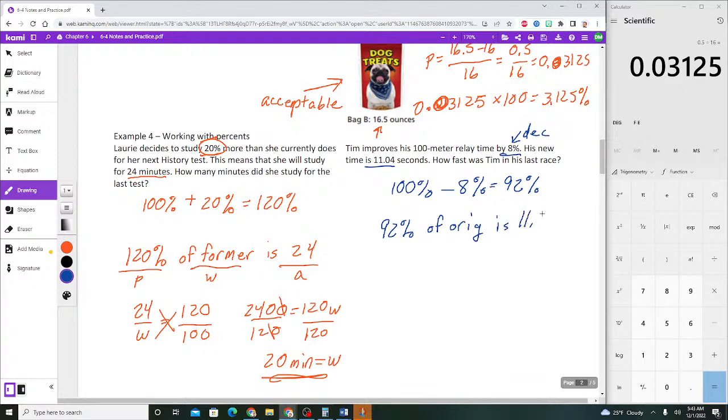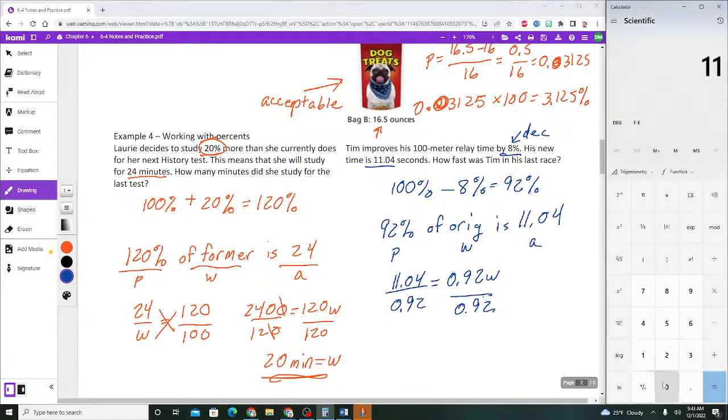Knowing this, I'm going to use the equation this time, P W A. So I can go 11.04 equals 92%, which is 0.92 when written as a decimal, times W. We're going to divide both sides by 0.92.